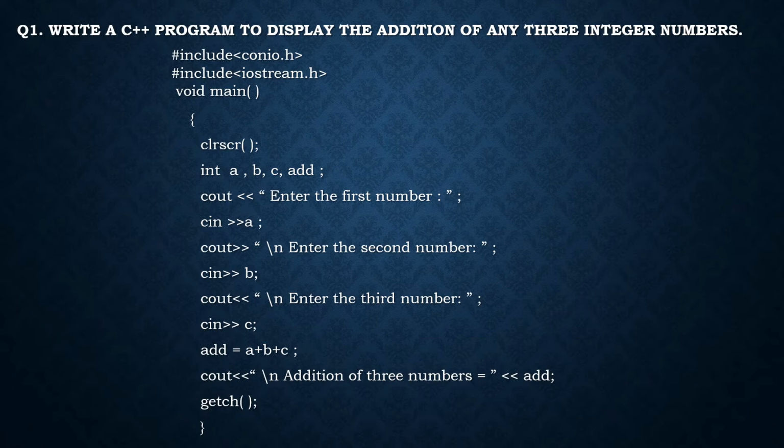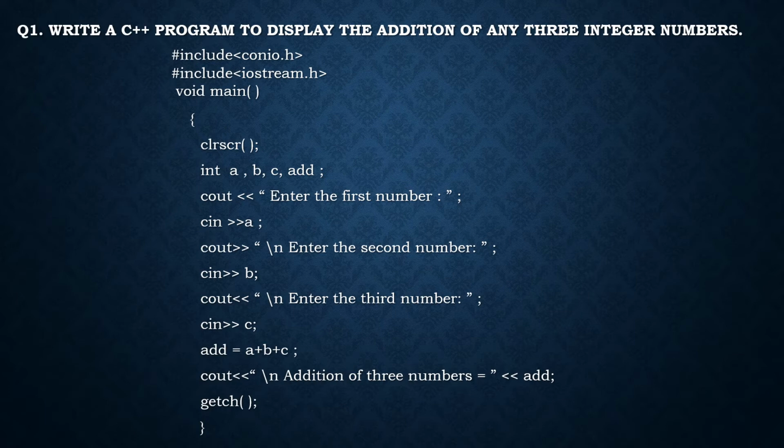Integer is without decimal and float is with decimal. You remember these things. So the declaration part is very important. I have taken 3 variables for storing the 3 numbers and 1 variable, add, for storing the result.